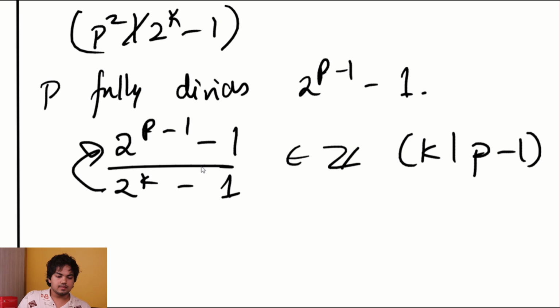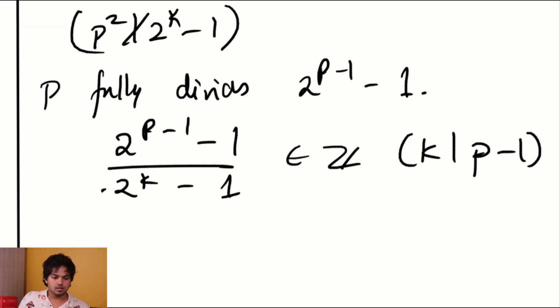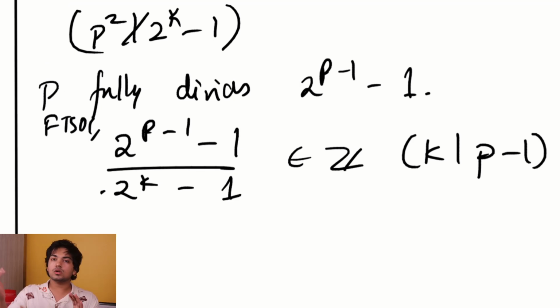So for the sake of contradiction, say 2 to the p minus 1 minus 1 had more than one power of p. So say p squared or p cubed was sitting inside it. If I divided 2 to the p minus 1 minus 1 by 2 to the k minus 1, whatever integer I would get would have one or more powers of p left over.